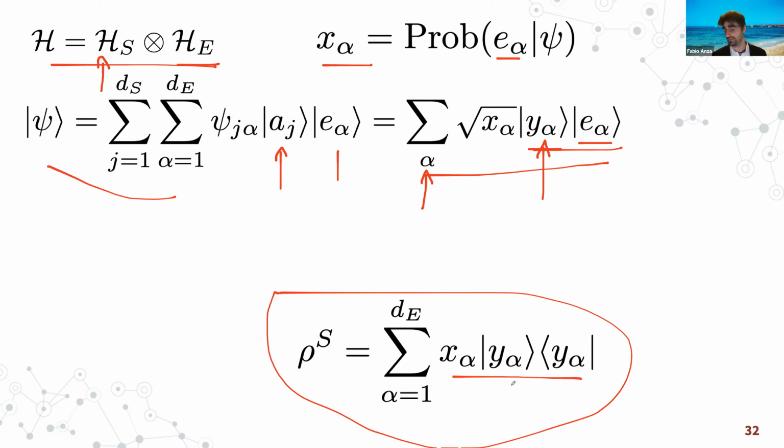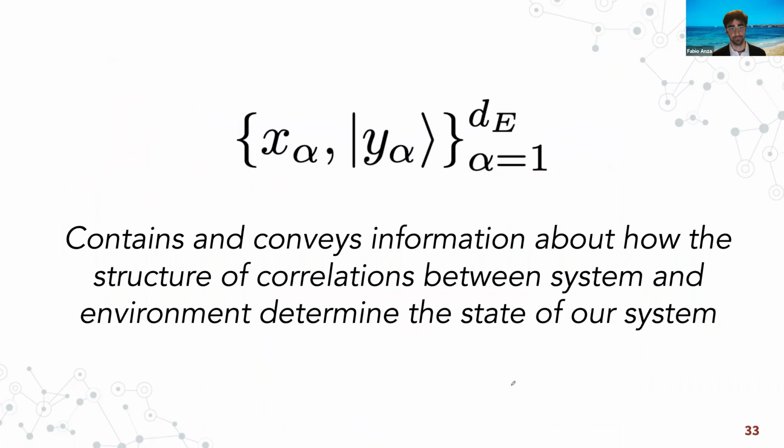But the advantage is that this does uniquely define a measure on the state space of my system. The measure is essentially the ensemble on the system that is determined by the environment. And the idea here is that the ensemble contains and conveys the information about how the structure of relations between system and environment basically determine the state of the system.